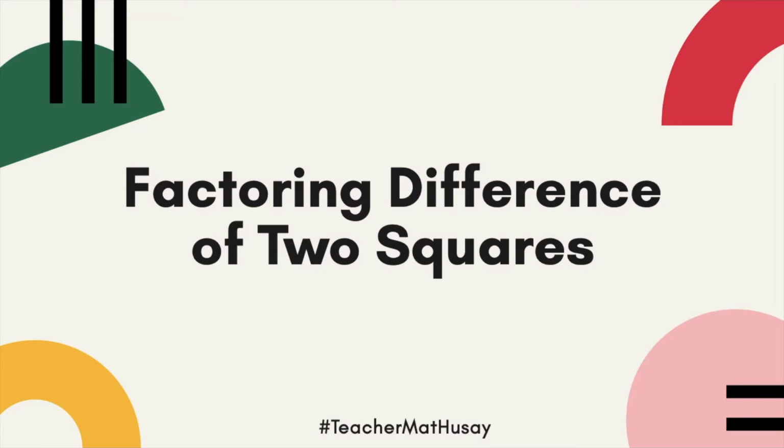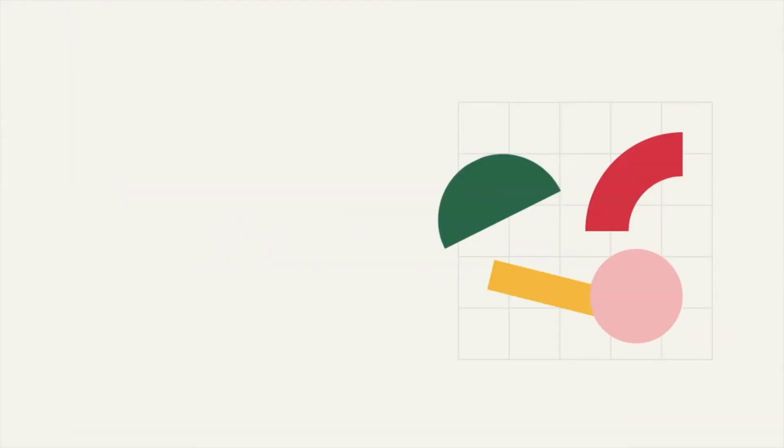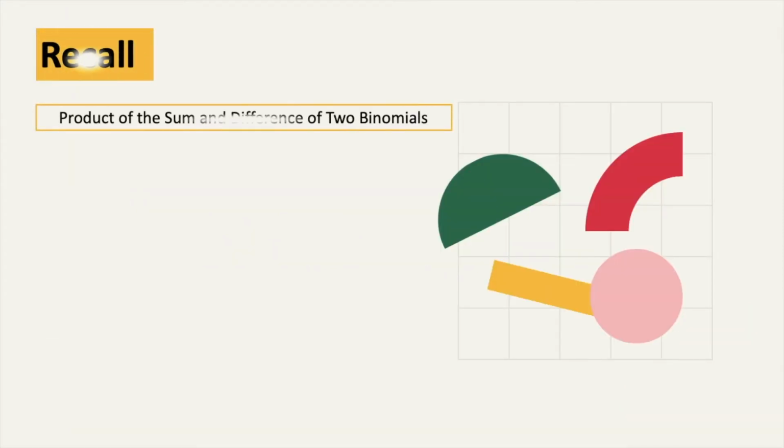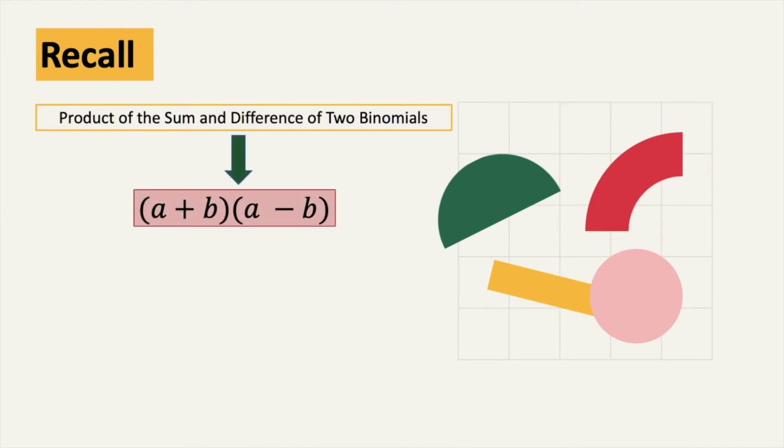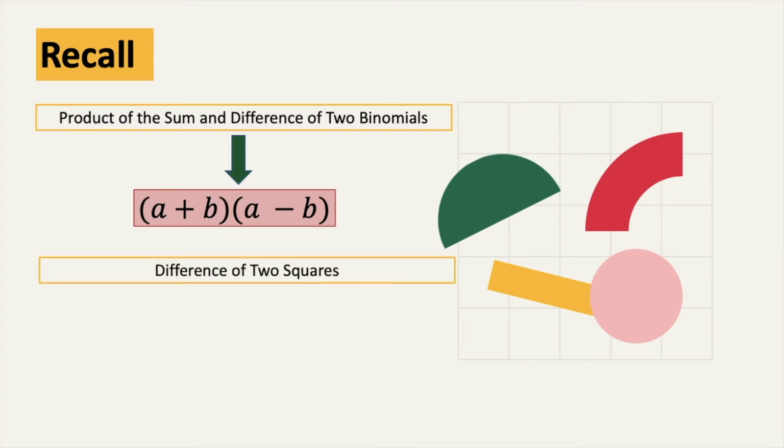Today I will be discussing one of the easiest factoring techniques, factoring difference of two squares. Recall that in the discussion about special products, the product of the sum and difference of two numbers, a plus b and a minus b, is equal to the difference of two squares.